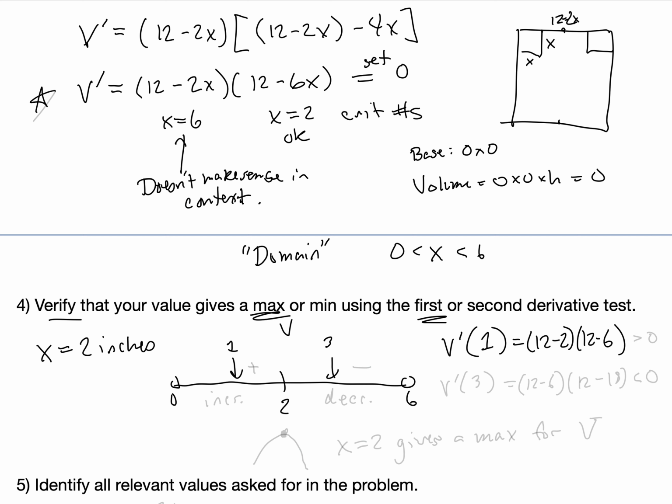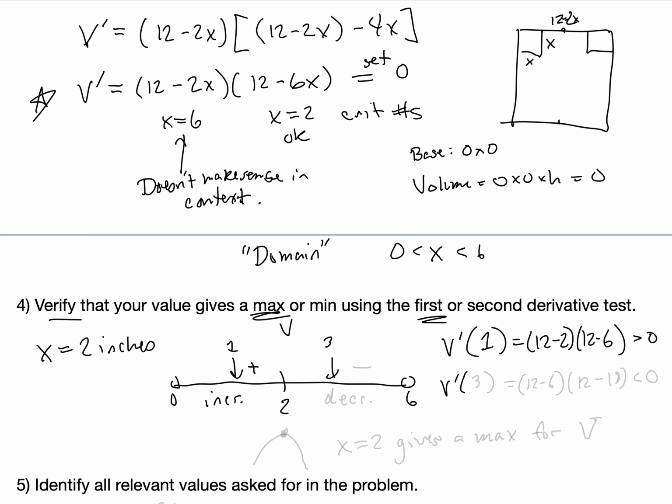I'm using the derivative and plugging in that value. So that's 12 minus 2, that's a positive number. 12 minus 6, that's also a positive number. That means v prime of 1 is greater than 0. So it's positive here. We're increasing on this side of the value 2.